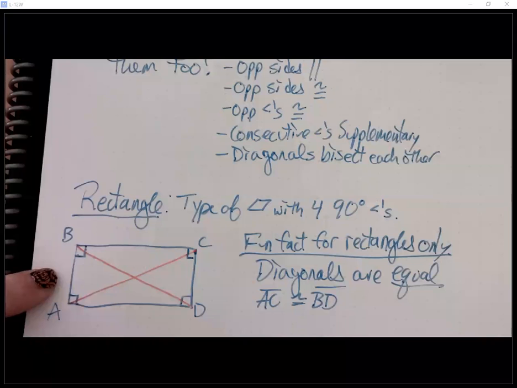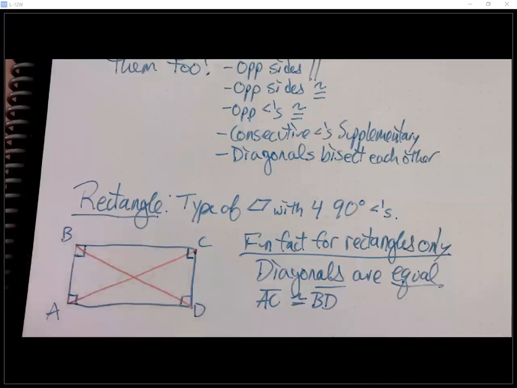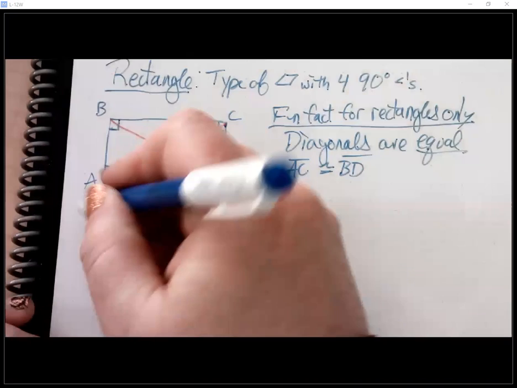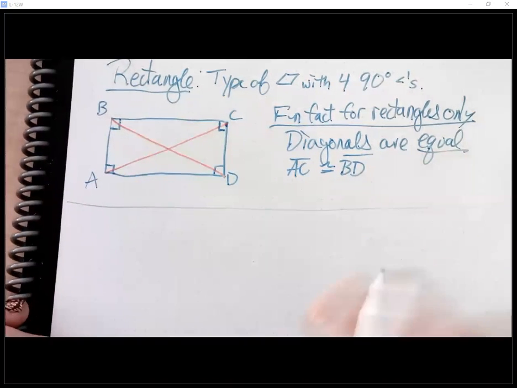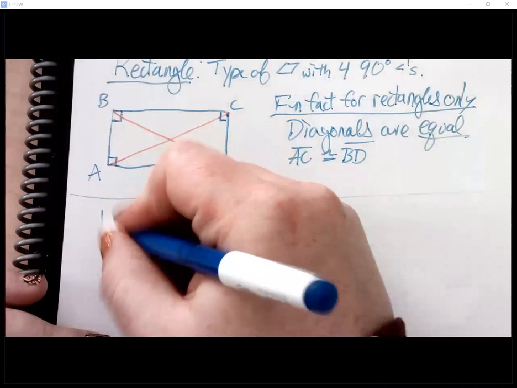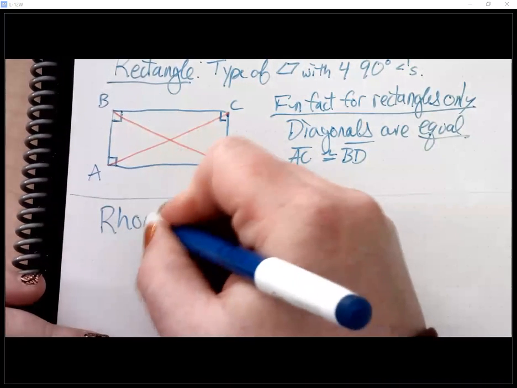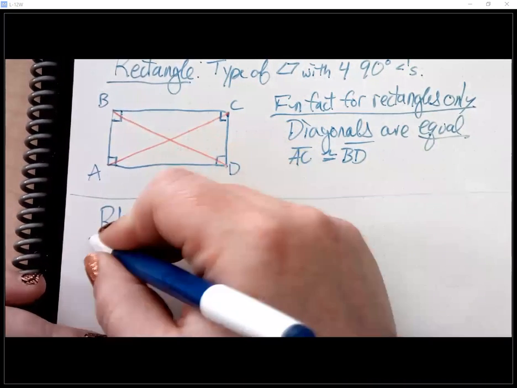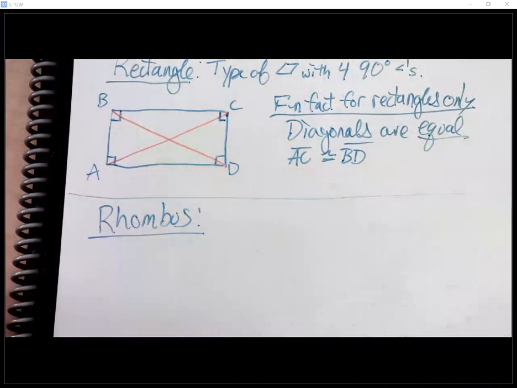Okay, the next one we're going to talk about, we'll come back to square in a minute. The other one is our friend, the rhombus. What makes a rhombus a rhombus? Anybody know that one? What makes a rhombus a rhombus?